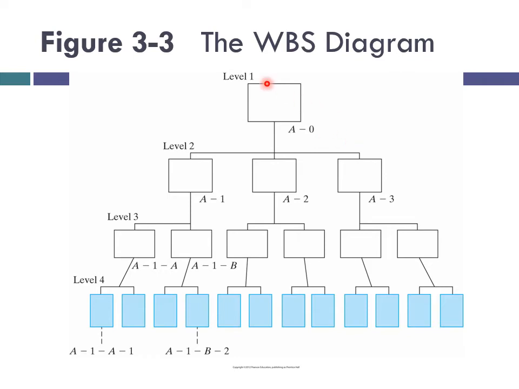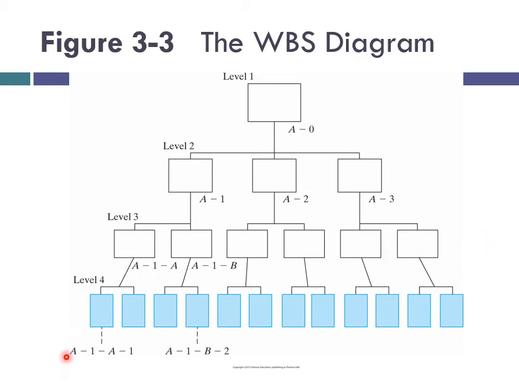And level 1 is named as A0, and then the second level is named as A1, A2, and A3, and then in the third level we use again A1A, A1B, similarly here A2A, A2B, A3A, A3B.